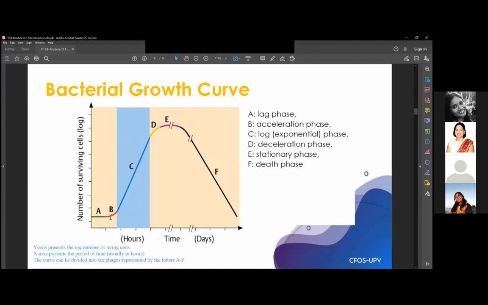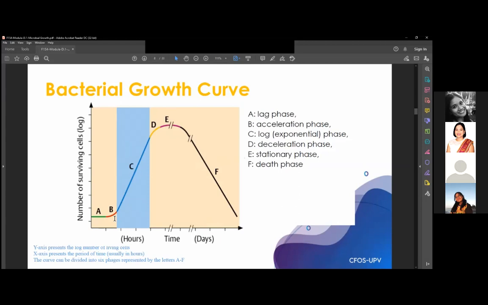If it's taken from the refrigerator and you want to culture it again, it's called revival of the bacteria. You want to revive your bacteria that have been resting for a while in the refrigerator, so you put them in fresh media. Fresh media means many nutrients.